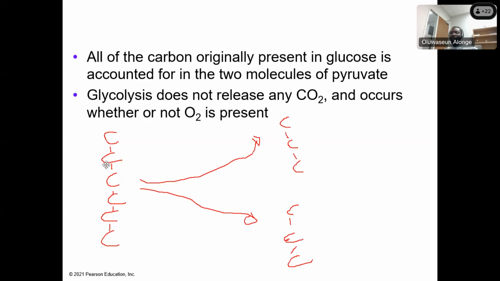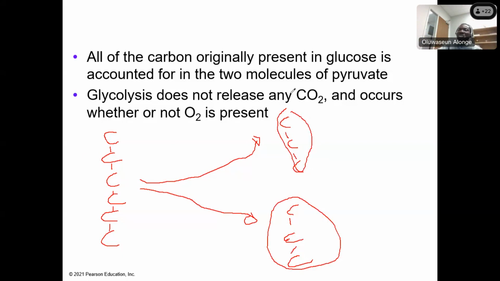So this is a glucose molecule, it underwent a lot of processes and produced 2 pyruvates. Now all that has happened is that a larger glucose molecule has been split into 2 pyruvates.